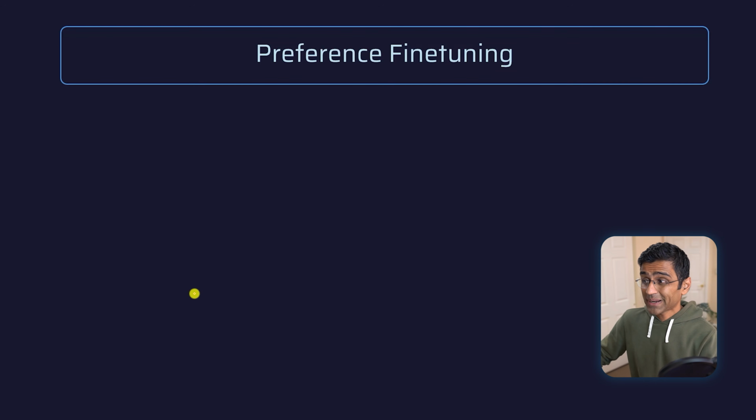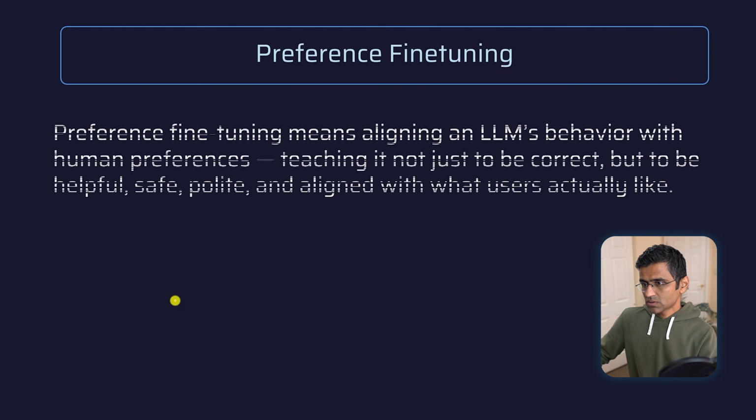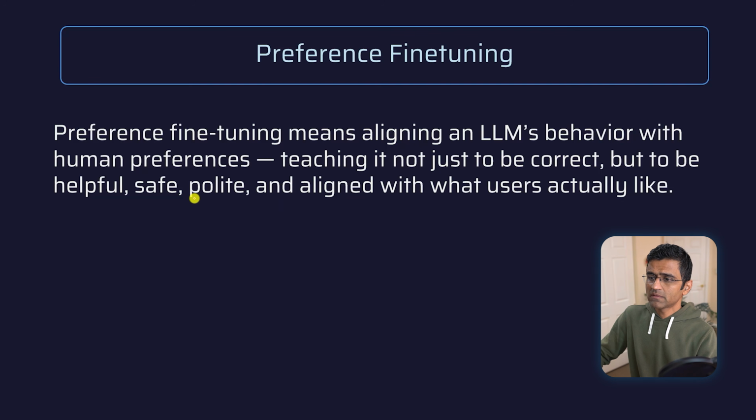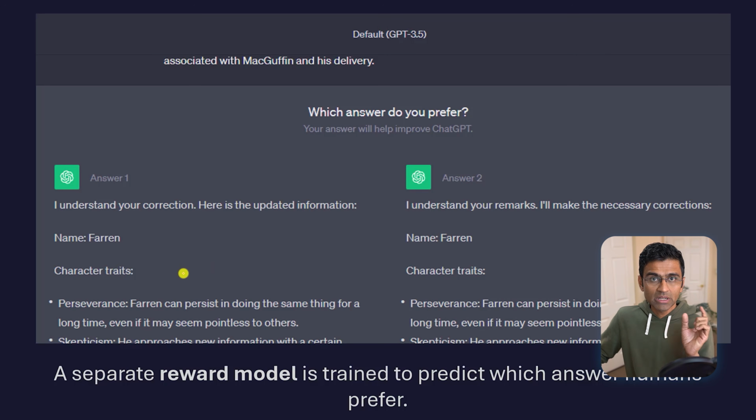Then comes preference fine-tuning. In preference fine-tuning, you will align the LLM's behavior with human values. You want it to be safe, polite, and aligned with what users actually like. Here, reinforcement learning with human feedback comes into play.